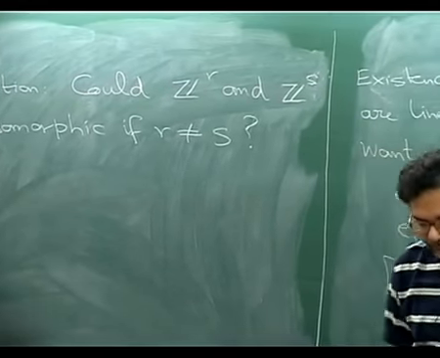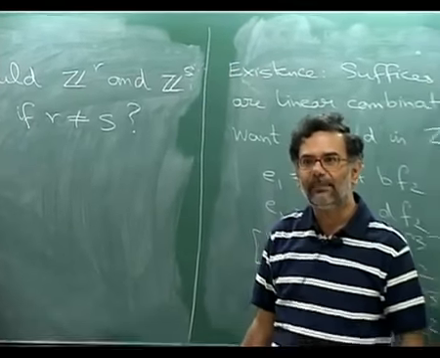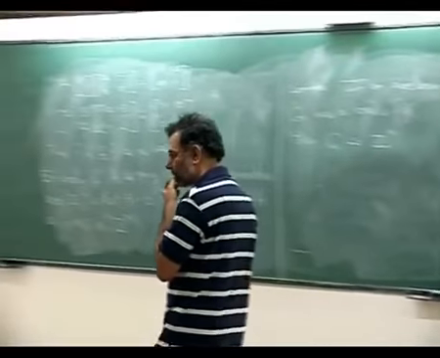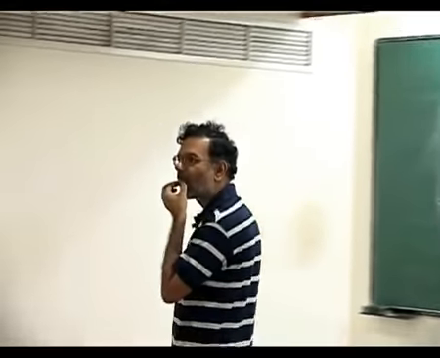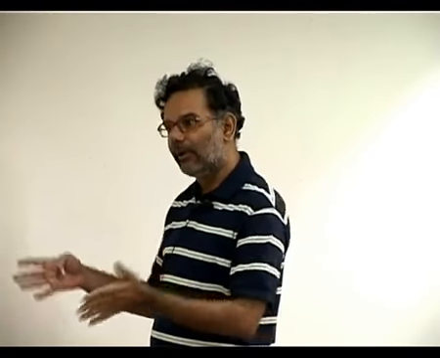Okay, so how do you distinguish these two? I claim they are not isomorphic. Why? But we have not proved, we do not know that the number of elements in a basis will be the same. Maybe I will have one basis of 2 elements, another basis of 3 elements.